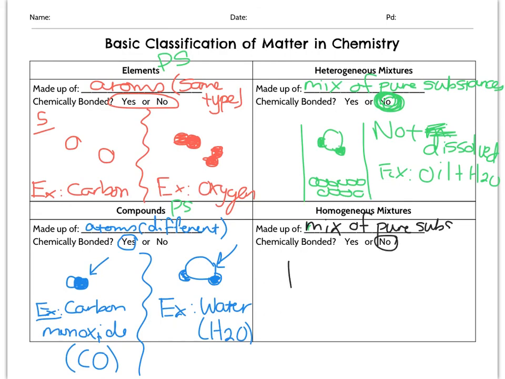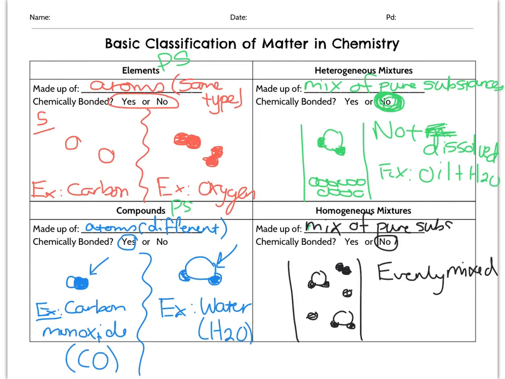But if you were to look into a container, the different particles would be suspended between one another. You would not be able to see really the difference between them. It would be difficult to identify, oh, that's where the carbon monoxide is, that's where the water is, etc. So these are evenly mixed.